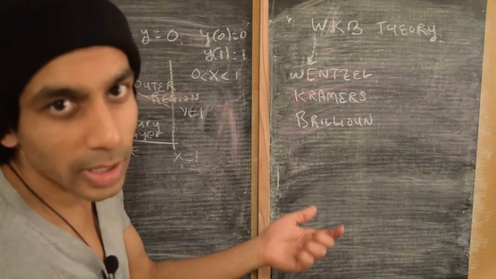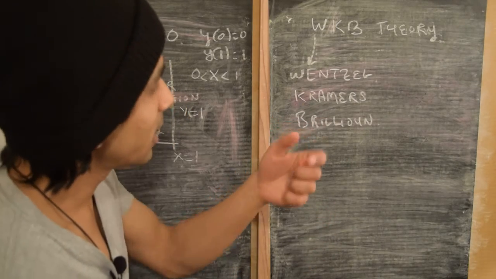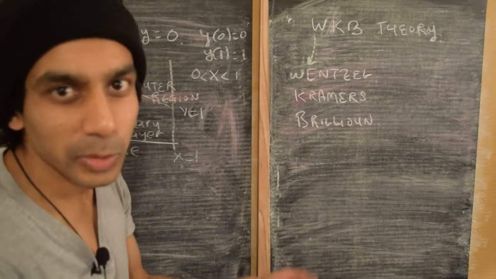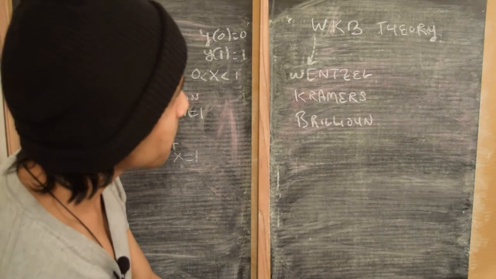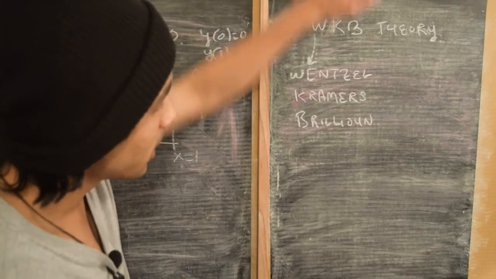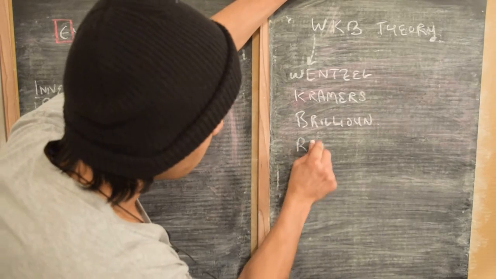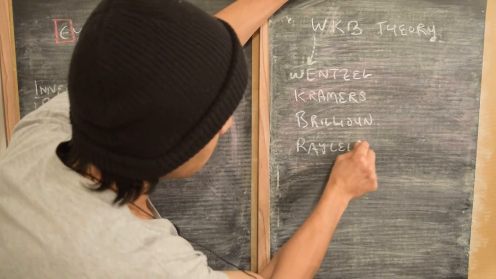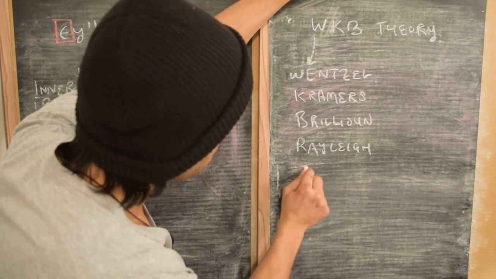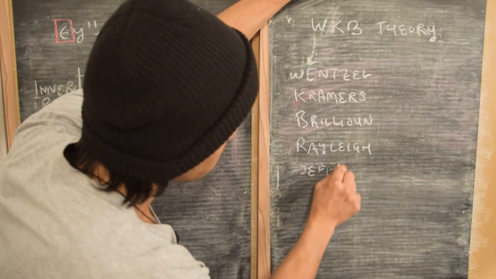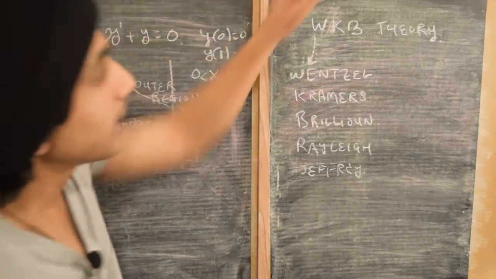And so if you're Dutch, you might call it KWB, or if you're French, you might call it BWK, and other permutations. But in fact, the English physicist Rayleigh and mathematician Jeffreys also contributed to the development of this theory.